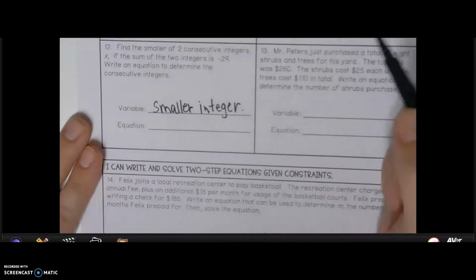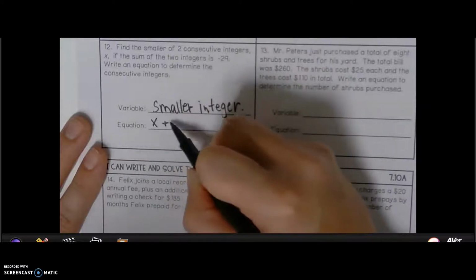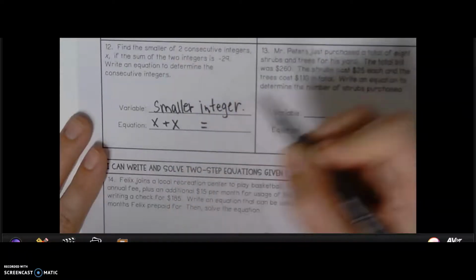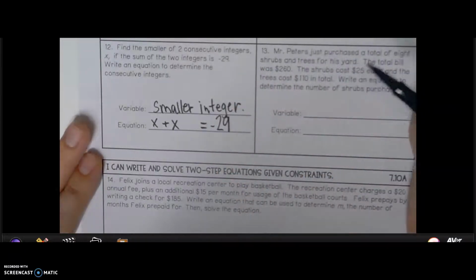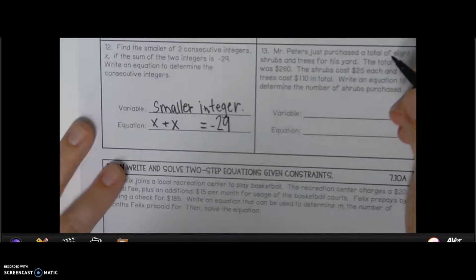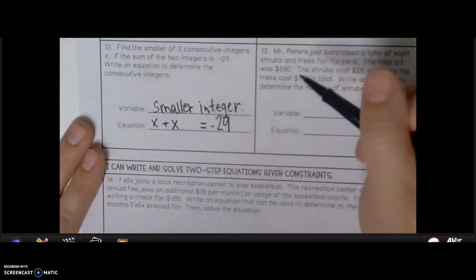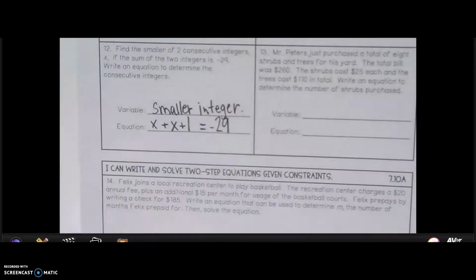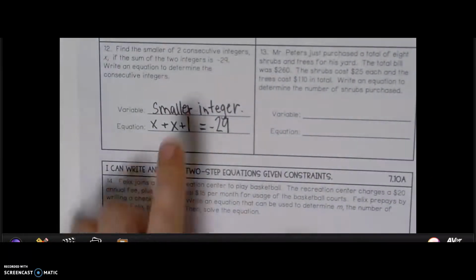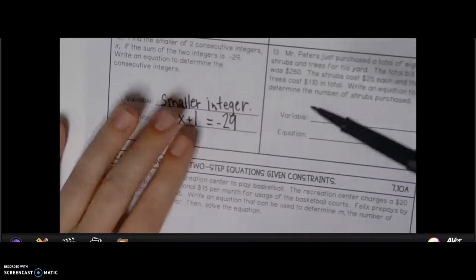And because it says it's 2 consecutive integers, we know the total is going to be negative 29 because it tells us the sum is negative 29. And we know that we have 1 more integer. Trust me when I tell you there is not a question like this on your test. I did not make it that complicated.